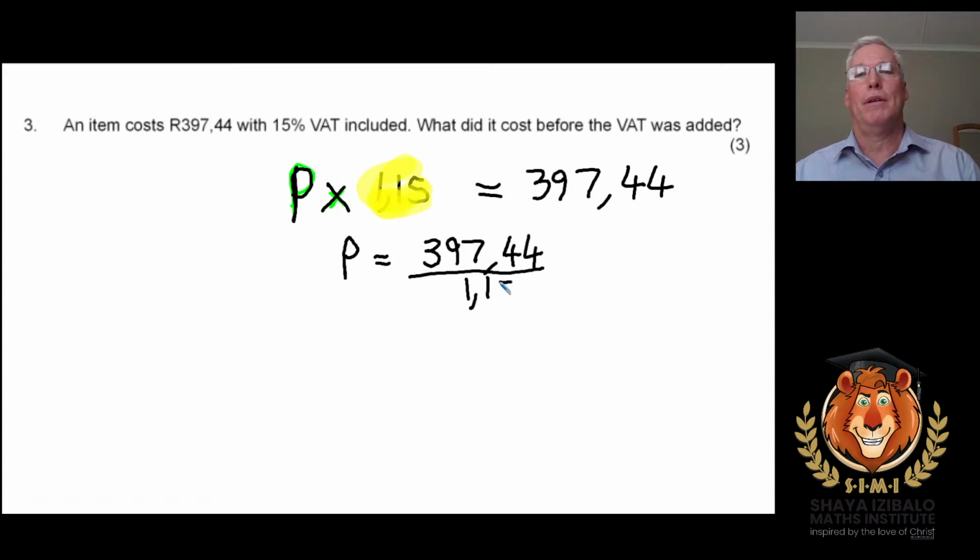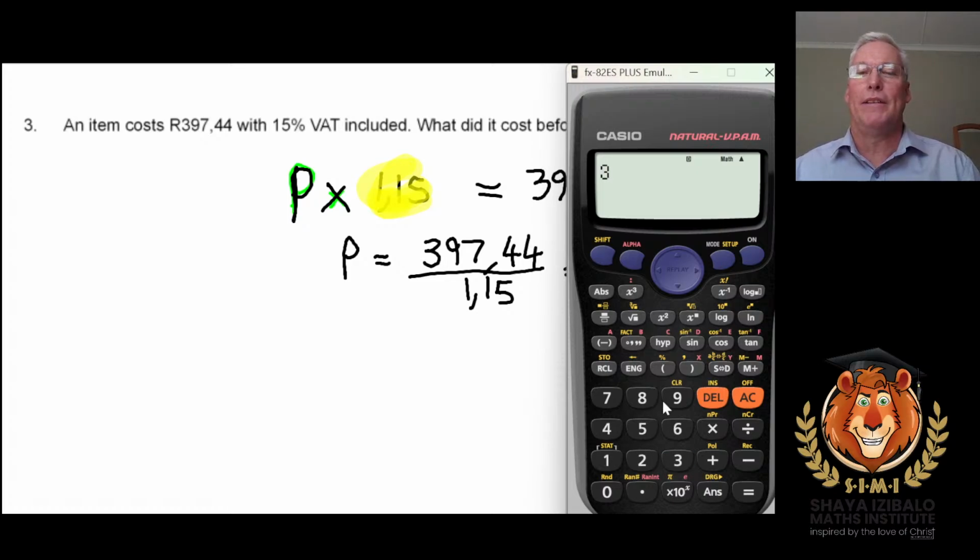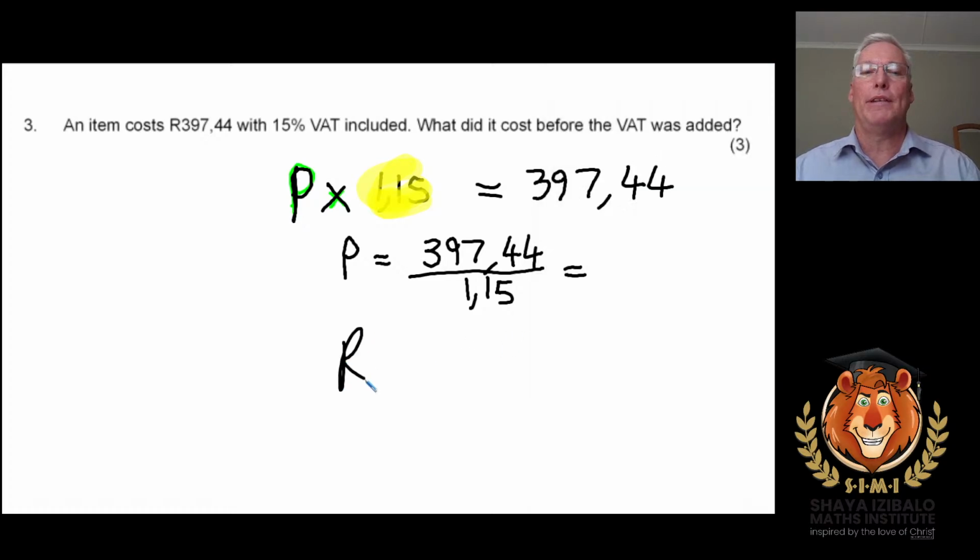All right, and I promise you, many adults, and tragically even many maths teachers, don't necessarily get this question right. 397.44 divided by 1.15. This multiplier idea is really quite powerful, and we get 345 Rand and 60 cents.